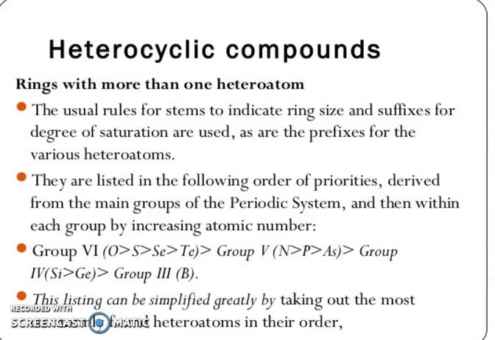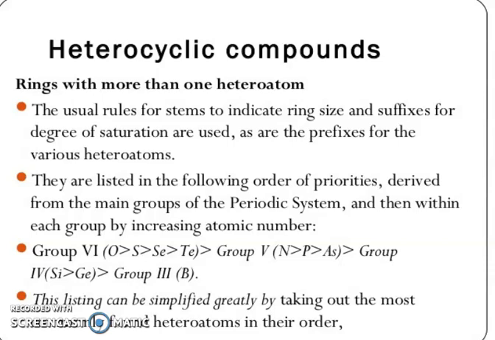Now they are listed in the following order of priorities, derived from the main groups of the periodic system, and then within each group by increasing atomic number. You can see if you have group 6, oxygen is greater than sulfur, sulfur greater than selenium, tellurium, like that. If you have group 5, then N, P, like that. If you have group 4, silicon is greater than germanium.